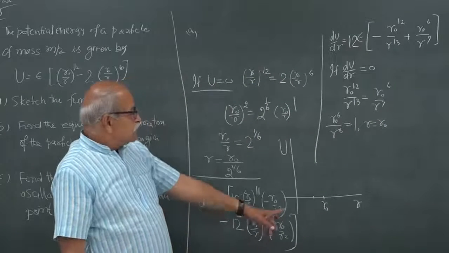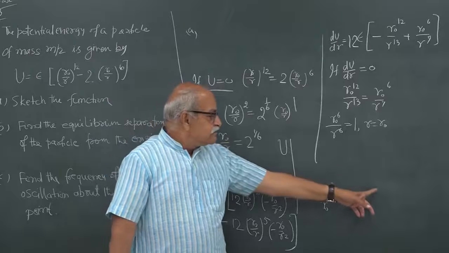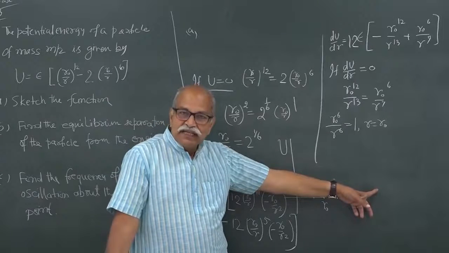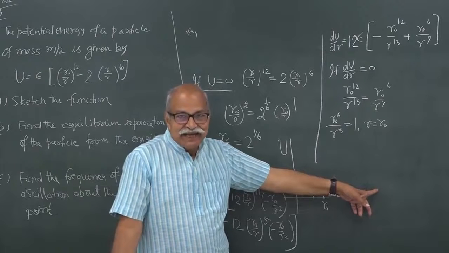Because I know that in the beginning it is very high and at the end it is going to be 0, and there can be only one maximum or minimum. So, that has to be a minimum, that cannot be a maximum.